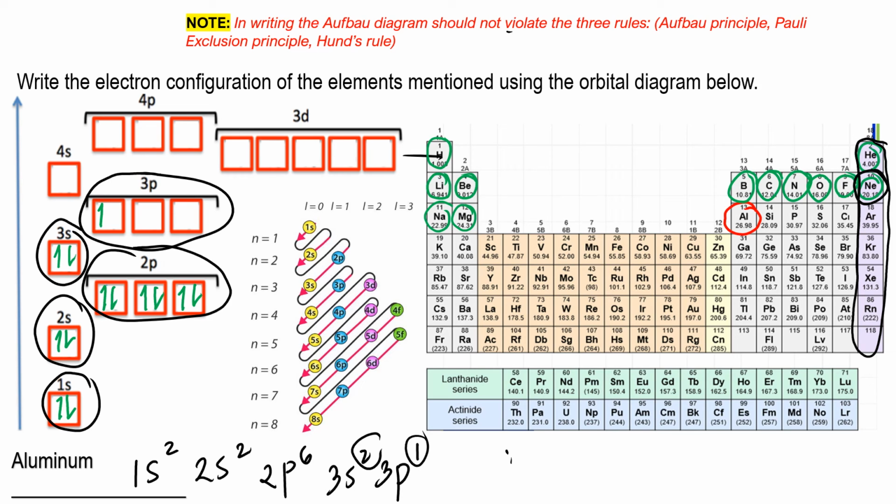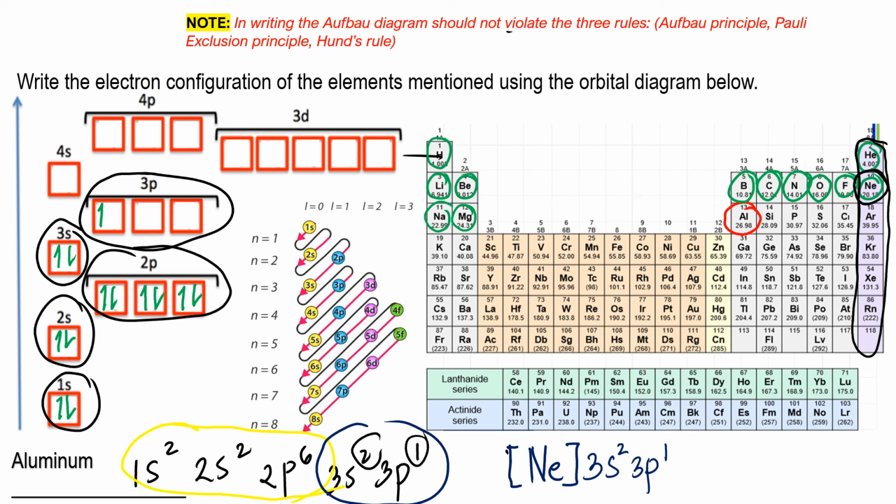So you notice that this is the electron configuration of neon. Instead of writing the complete electron configuration of neon, we can just simply write square bracket Ne, and then just follow with the third shell, which is 3s2 3p1. And that's it. That is the noble gas configuration of aluminum, and that is the complete electron configuration of aluminum.